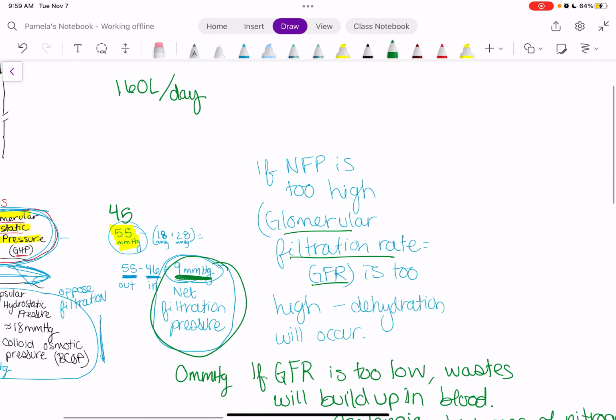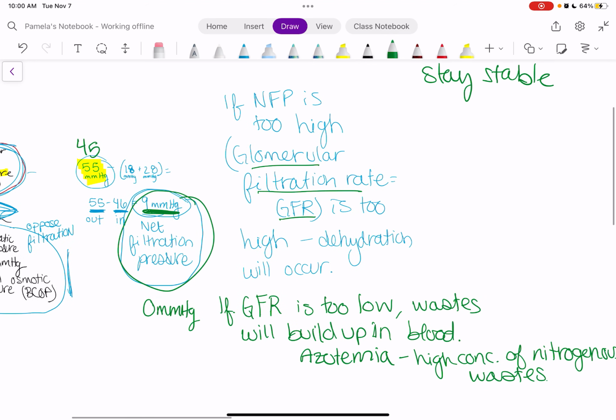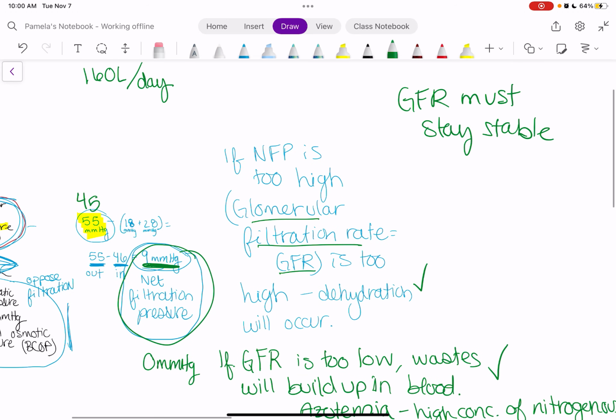Our body tries really hard to maintain this. So GFR must stay stable, because we know the consequences if it doesn't, right? If GFR is too high, we'll get dehydration. And if GFR is too low, waste will build up in our blood. So it's really important that GFR stays stable.